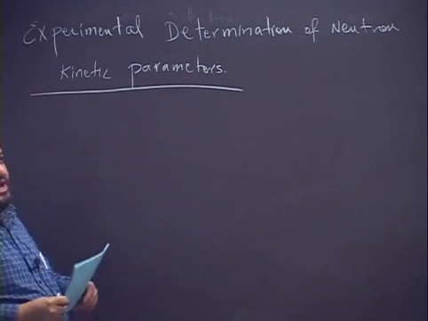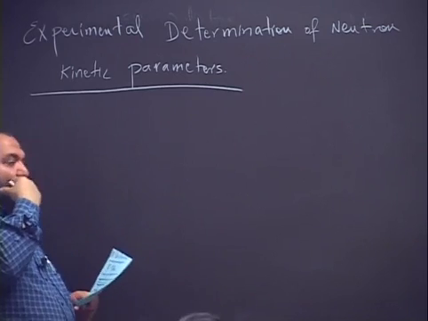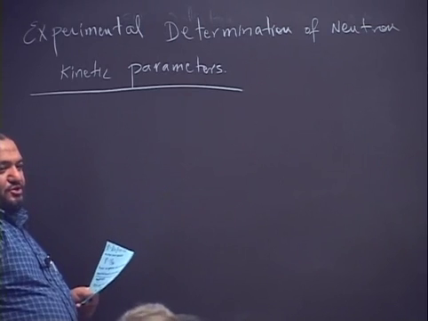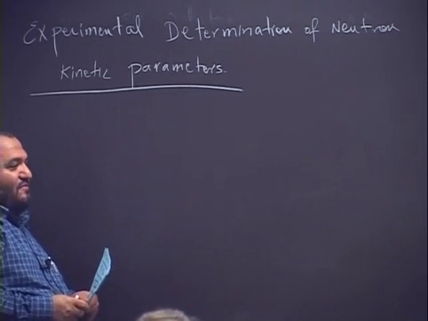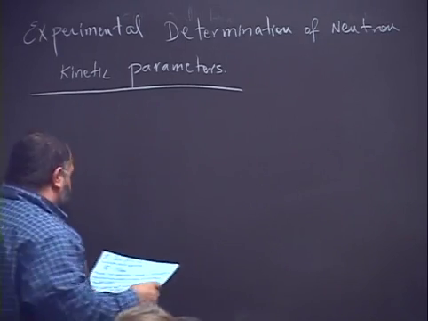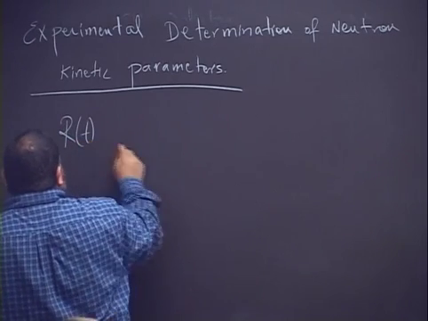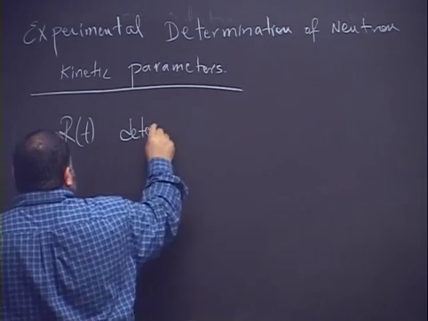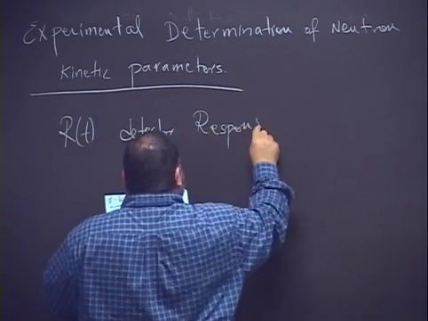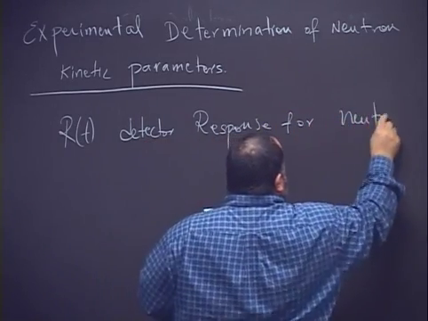So let's assume that we have inside our nuclear reactor, you know that we measure the power inside the nuclear reactor using a fission chamber or ionization chamber or whatever technique you have, and then you calibrate this to give you the power. But let's assume that we have R of t, the detector response for neutrons.